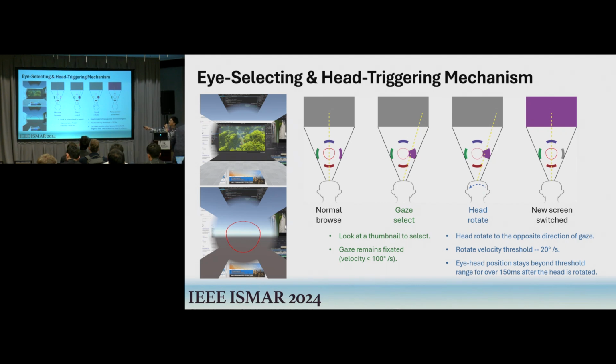Then the gaze must be fixated, and meanwhile the user's head should rotate in the opposite direction of the gaze. At the same time, the eye-head position stays beyond the threshold range, here's the threshold, for over 150 milliseconds. After the head is rotated, the new screen can be switched.